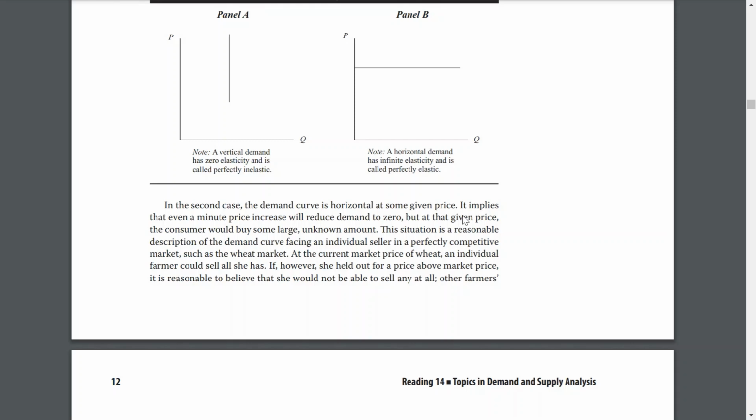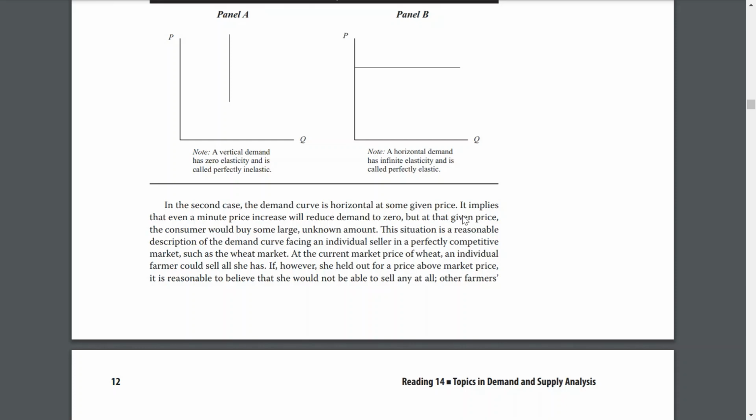This situation is a reasonable description of the demand curve facing an individual seller in a perfectly competitive market, such as the wheat market. At the current market price of wheat, an individual farmer could sell all she has. If, however, she holds out for a price above market price, it is reasonable to believe that she would not be able to sell any at all.